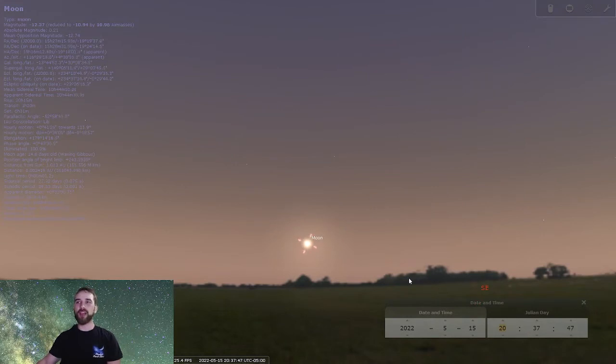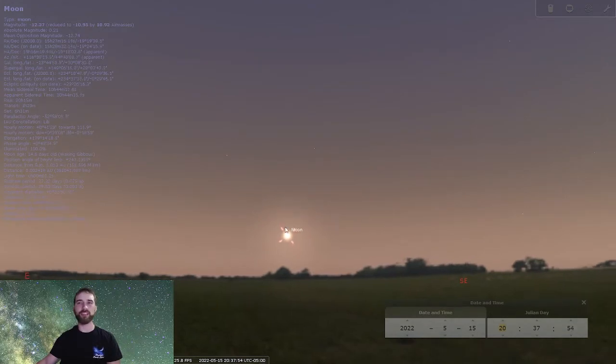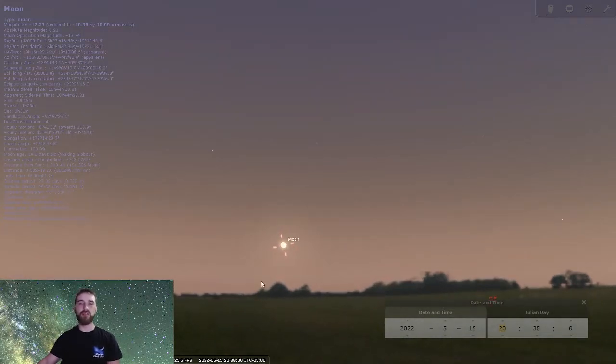This is around 8:30 p.m. You see some stars poking out. Twilight's upon us, and the sun is sinking. We're approaching blue hour, and the moon is peeking over the horizon. If you have an unobstructed view of it, it's pretty low on the horizon.